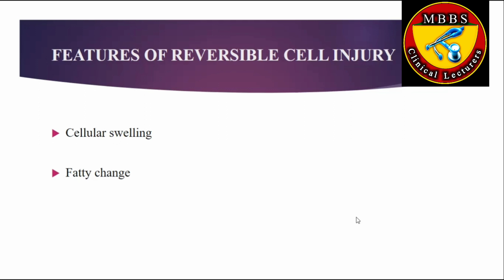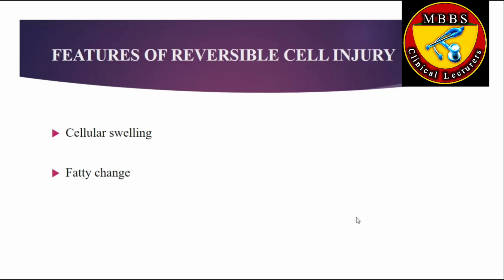The fatty change occurs due to hypoxic and toxic injury, and it appears as lipid-filled vacuoles in the cytoplasm. The fatty change is principally seen in the cells which are involved in fat metabolism, for example, the cells of the liver, hepatocytes, and myocardial cells.